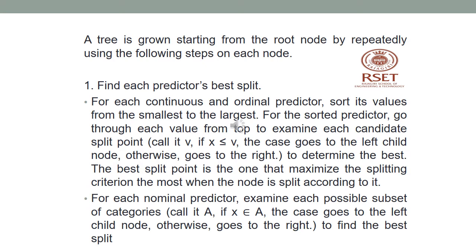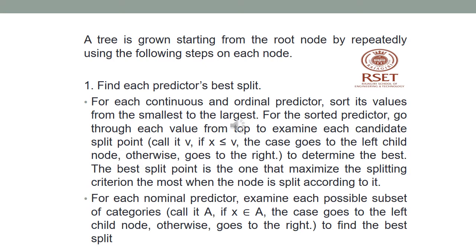For each continuous and ordinal predictor, we sort the values from lowest to highest. For the sorted predictor, we go through each value from the top to examine each candidate split point and determine the best one.